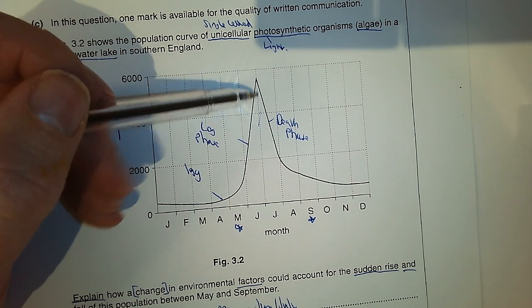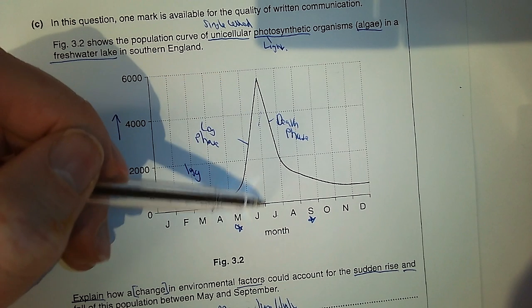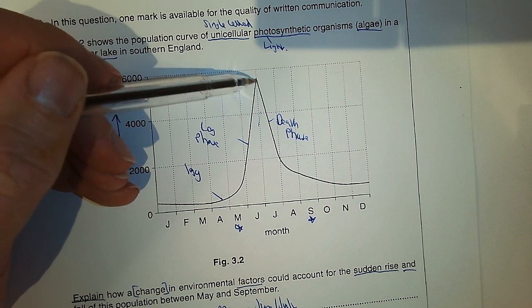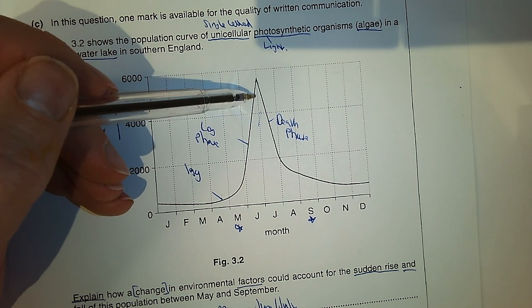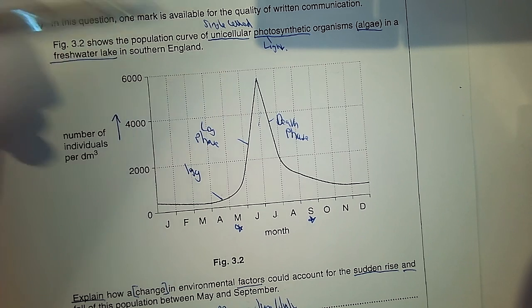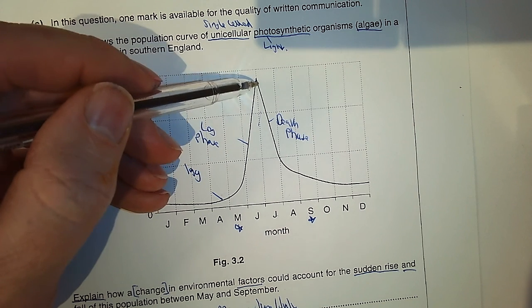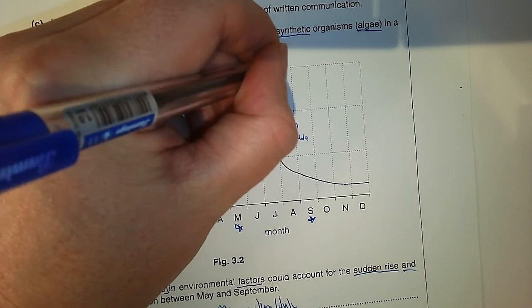Right, you can see here that towards the end of June, beginning of July, that the population is obviously overshooting the carrying capacity of the habitat, in this case the freshwater lake, because it very rapidly goes into death phase. We don't have a stationary phase, there's no stationary phase.